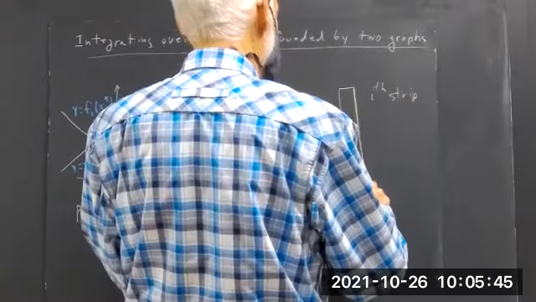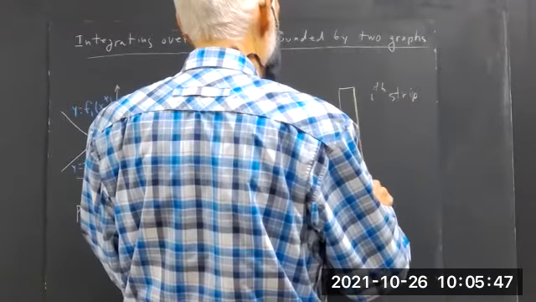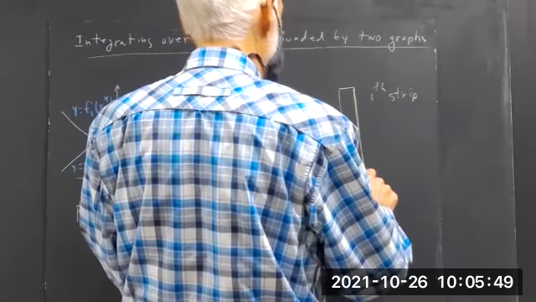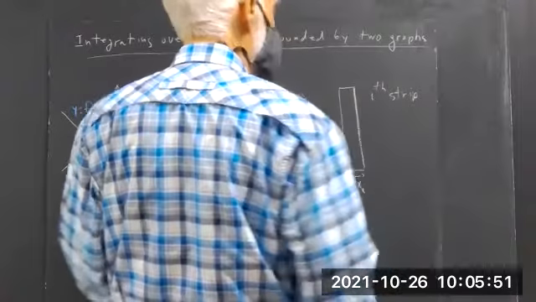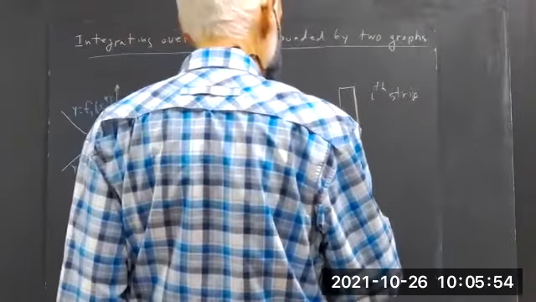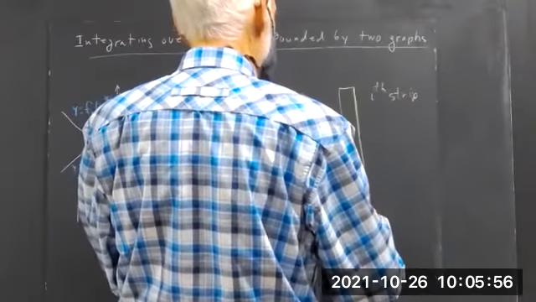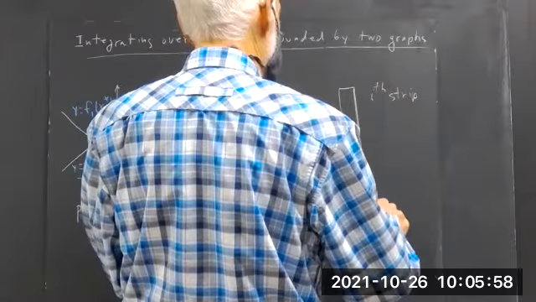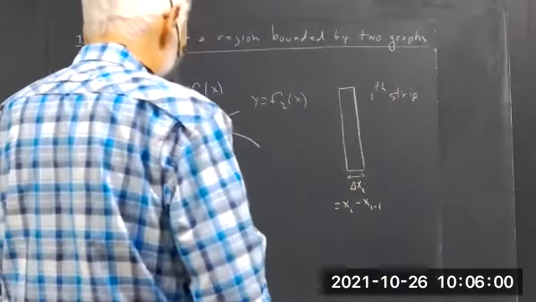The width is delta x sub i equals x sub i minus x sub i minus 1.